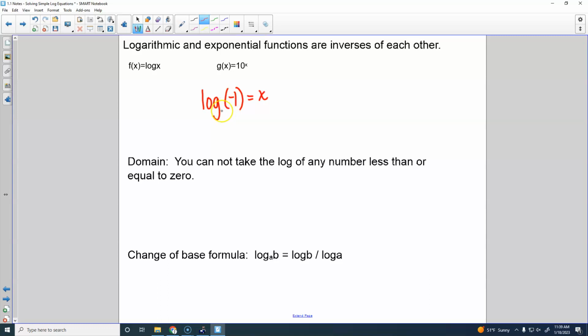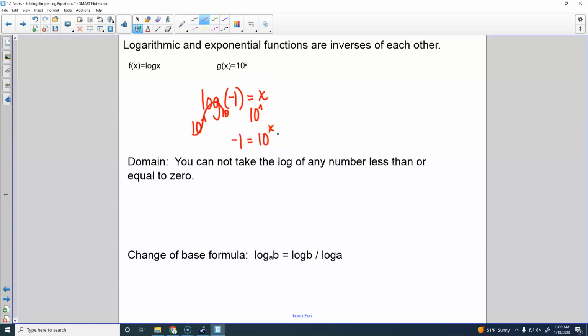So, Abby, what is the base if it's not written? 10. Very good. All right, so if I want to get rid of that log base 10, the base is 10. I could do 10 to that power on both sides, or I could just rewrite it. Either way, 10 raised to log base 10 cancels out. I just have my -1 equals 10 to the x power.